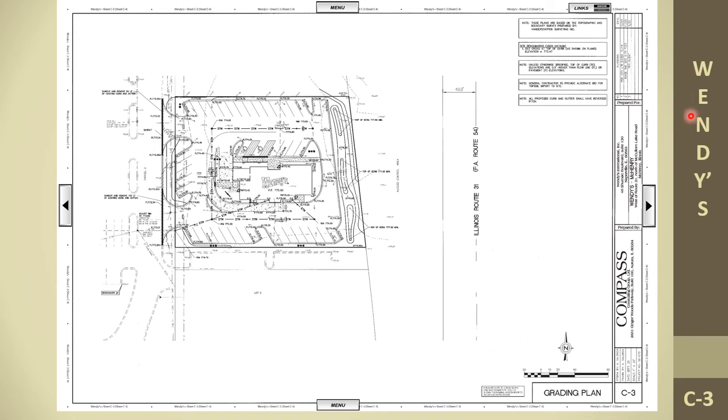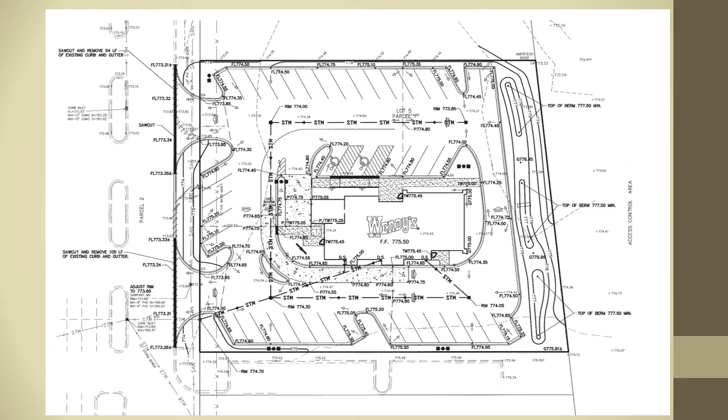Now we turn to Wendy's sheet C3, and it's called a grading plan. Now we're getting into some earthwork, some pushing around of soil. And as we look a little closer, we'll see that it is a relatively flat site. Remember that a dashed line will represent existing contours.